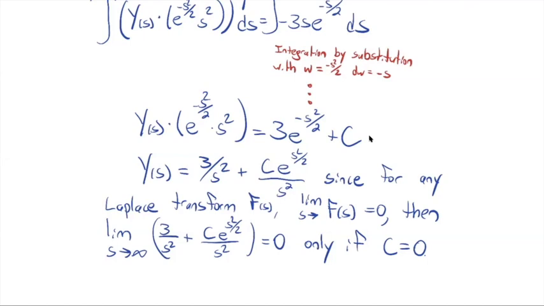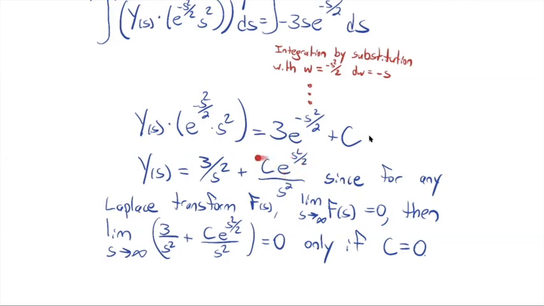One property that we haven't discussed about Laplace transforms is that they all need to satisfy this property: the limit as s goes to infinity of the Laplace transform has to be 0. For this problem, we get this Laplace transform, and in order for this limit to approach 0 as s goes to infinity, this exponential term blows up as s gets large.